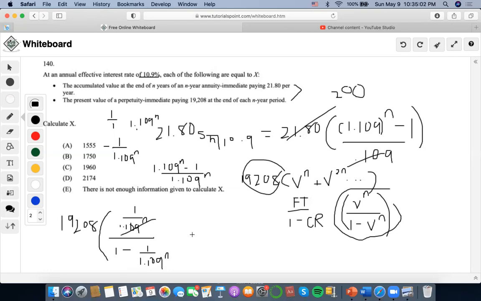Then we would end up with 192.08 over 1.109 to the n minus 1. So that's going to equal this amount here with the 200, this amount 1.109 to the n minus 1, right?